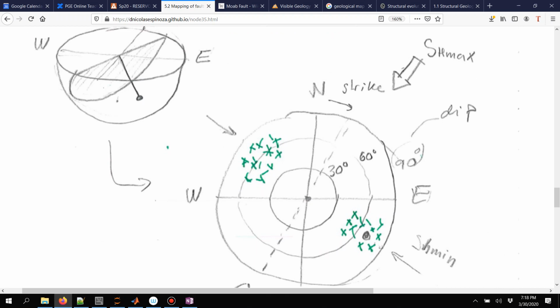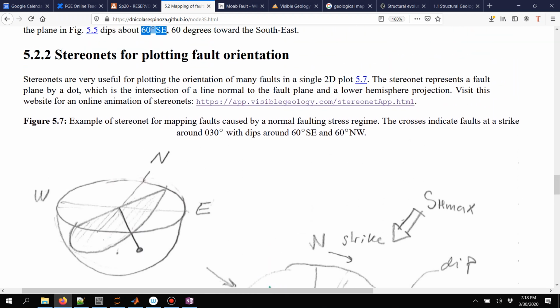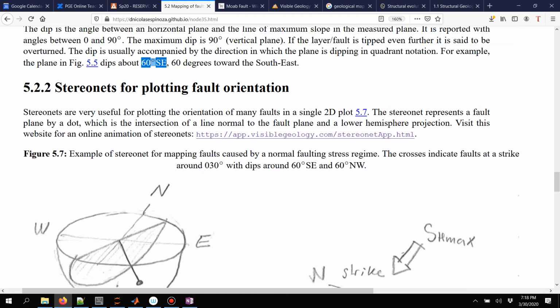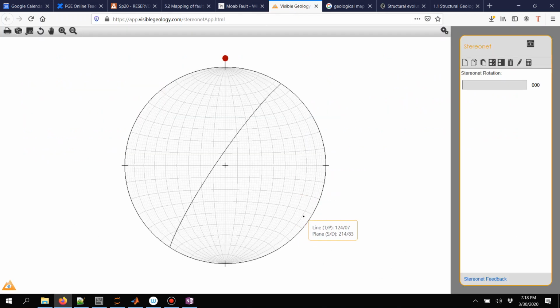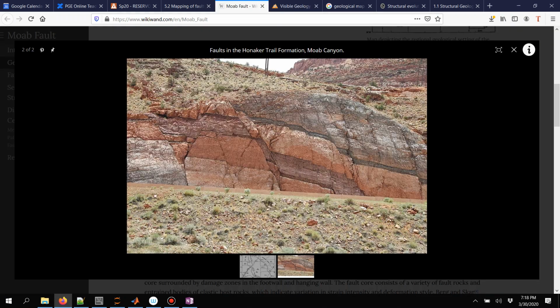Let me show how this works with an animation, and you can also access that in this link right here. If you click on that link, it will take you to this web page, which is an animation of a stereonet. So I'm going to make the same fault that I have over here.